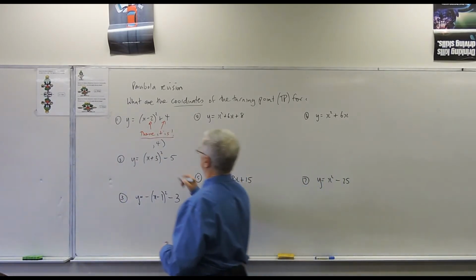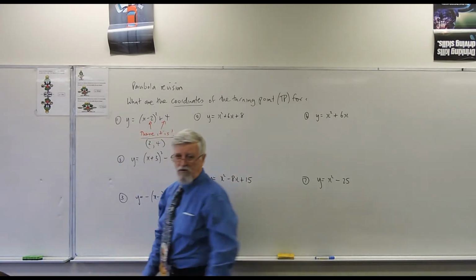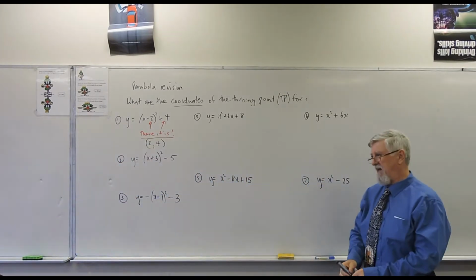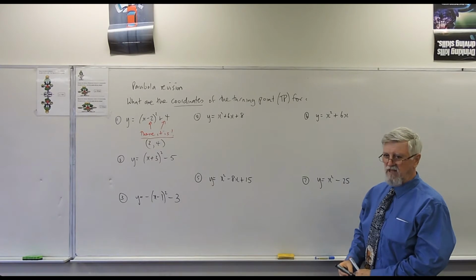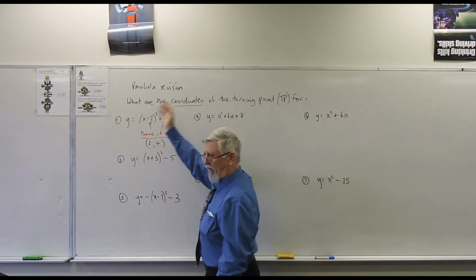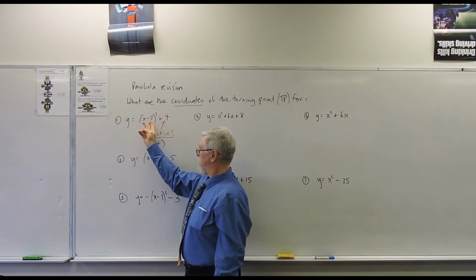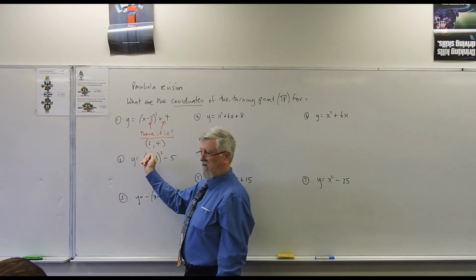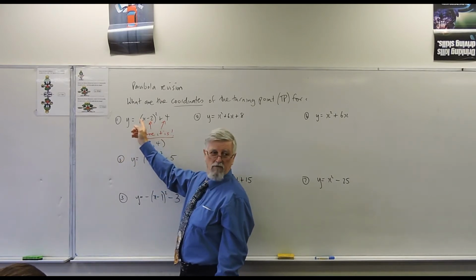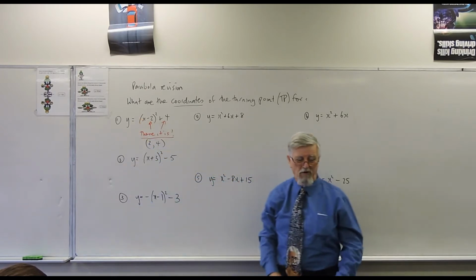So the -2 just becomes a 2. I could talk about it, I could nag about it and say why it is and all sorts of stuff. It's called the turning point form because it tells us the turning point. Remember, it's the opposite of that. By the way, there's no 3x there or 4x or 2x, it's just an x minus 2.